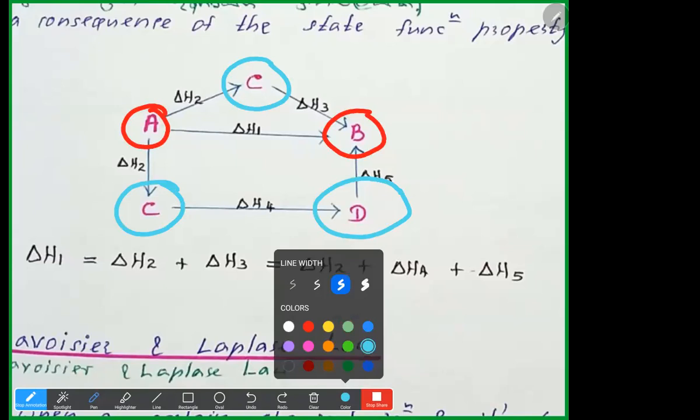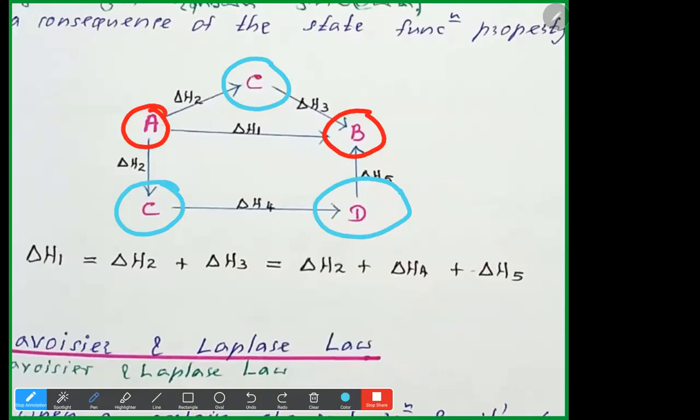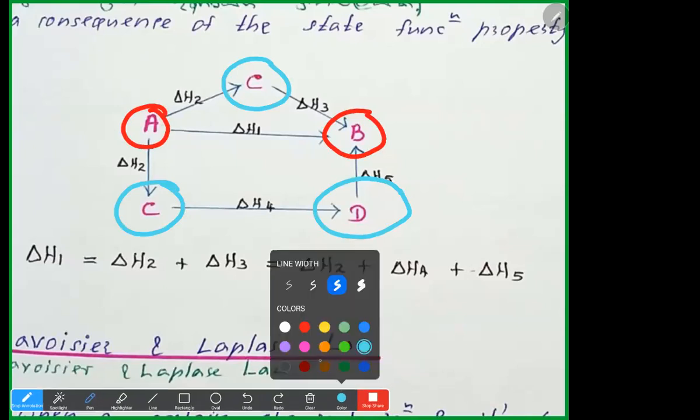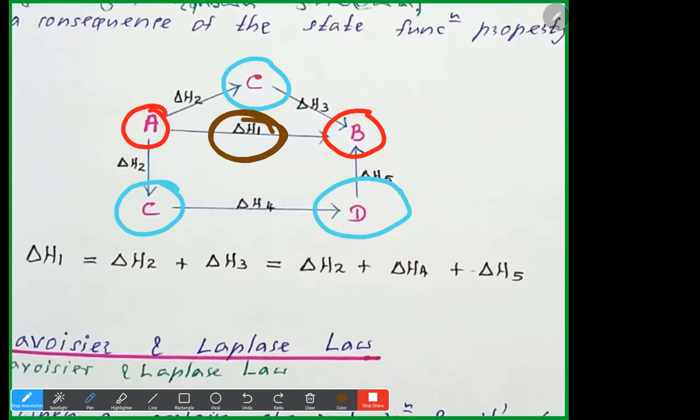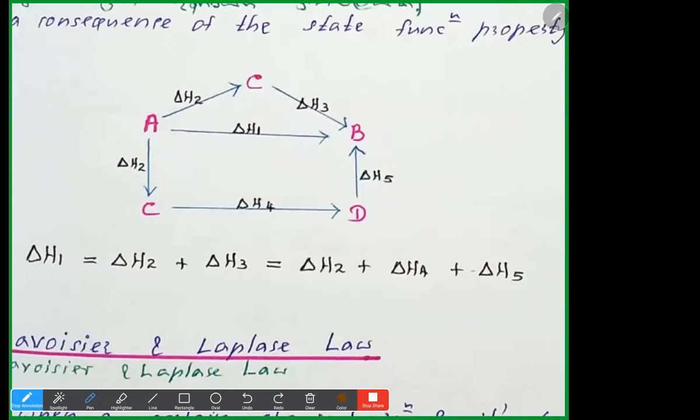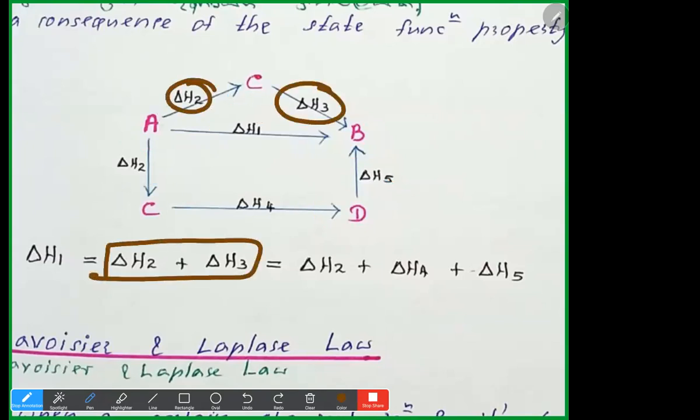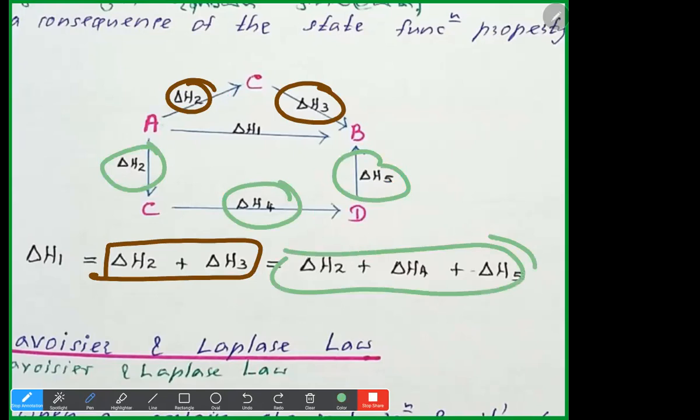Whatever these different paths, if you go with this delta H1 value, whatever the path, the value is always delta H1. It's independent of the path. So delta H1 equals delta H2 plus delta H3, or delta H1 equals delta H2, 4, and 5. Both equal delta H1.